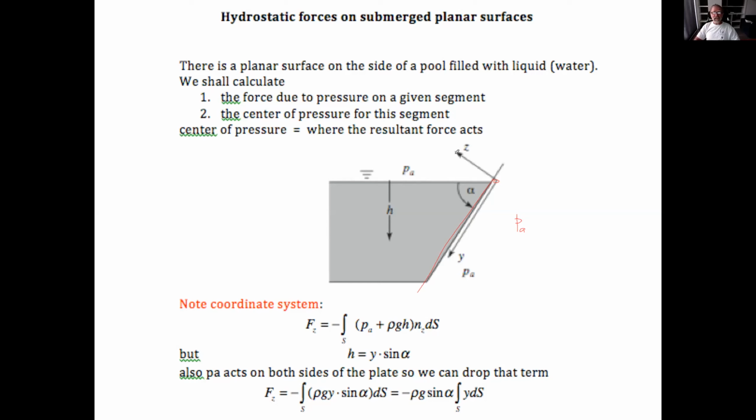So this is the case we study, and this is a generic one, and it will help us solve many problems related to that particular problem. So one more time, note the coordinate system, note the origin. This is very, very important, because the way we're going to continue is that the coordinate system origin is at the intersection between the liquid level and that surface.